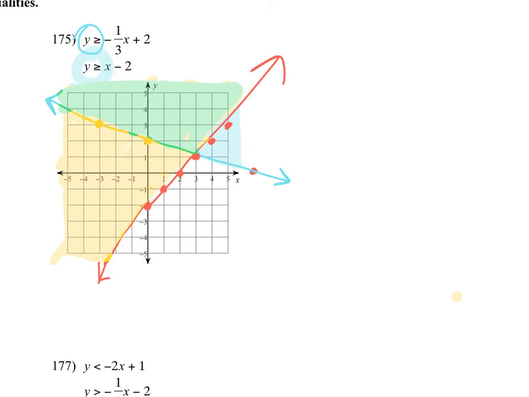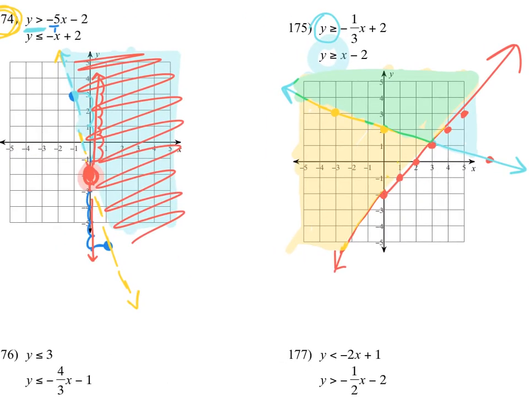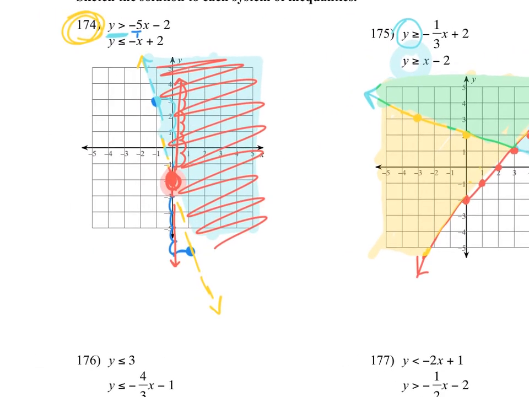Highlighters are the best thing because it's a lot easier to see where the two inequalities cross and the solutions that are possible for them. Okay, so I actually forgot to continue with number 175. So let's go back and let me actually erase.